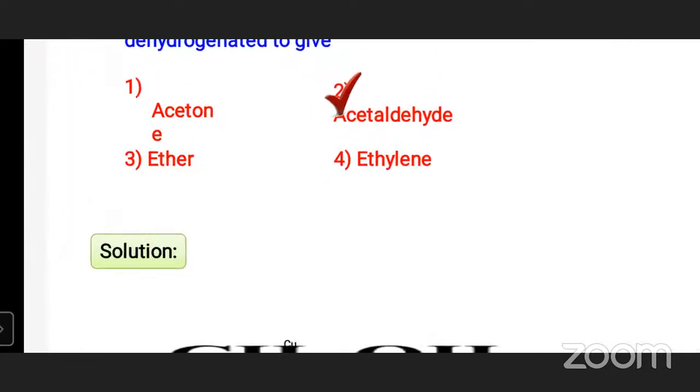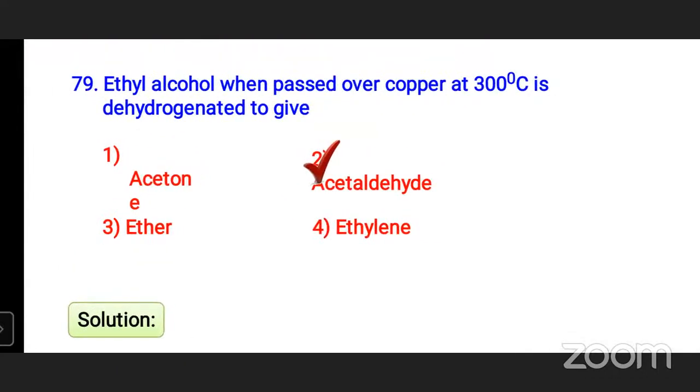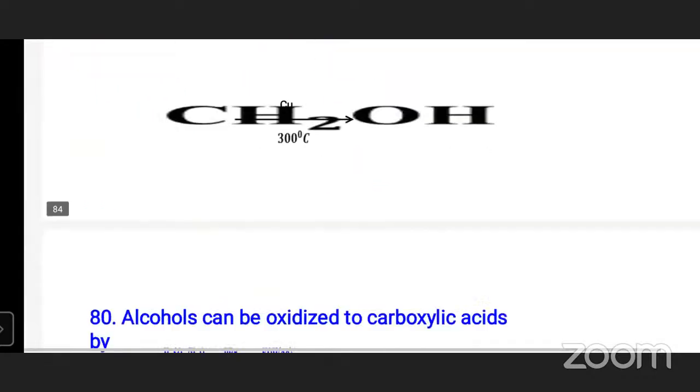Ethyl alcohol when passed over copper at 300 degrees Celsius is dehydrogenated to give acetaldehyde. Acetaldehyde is formed.